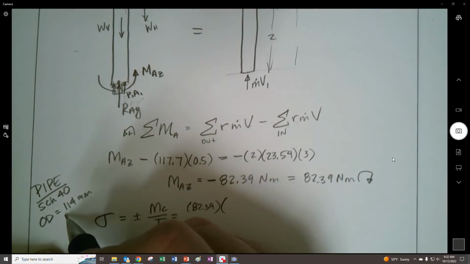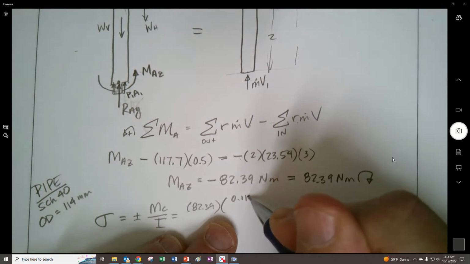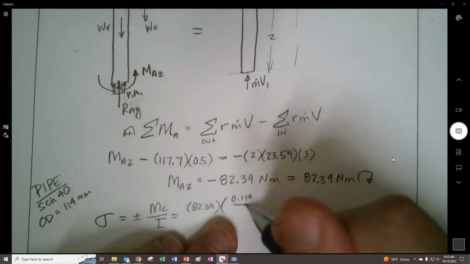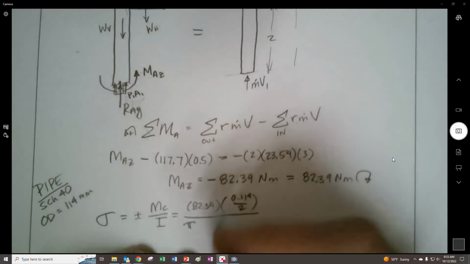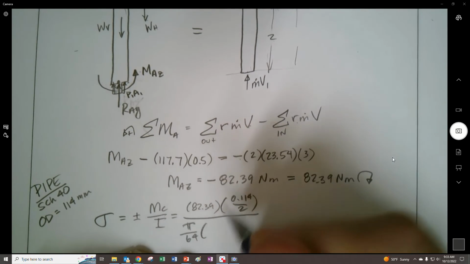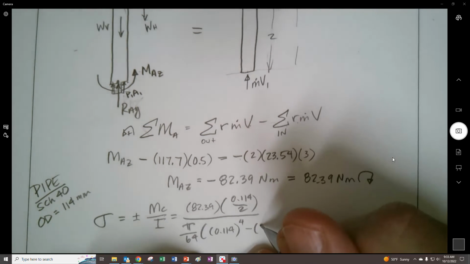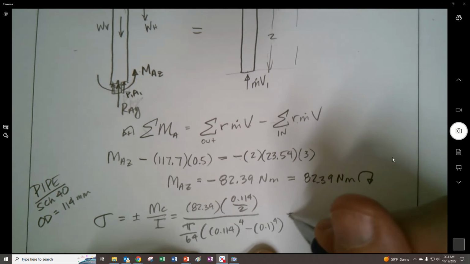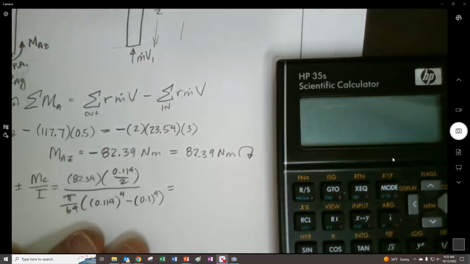So half the pipe. Let's just go to the outside diameter, which is going to be 0.114. I think I got that wrong actually on here. So 0.114 divided by 2, and then the moment of inertia, pi over 64 times 0.114 to the fourth, and then minus the inside diameter, which should be 0.1, or pretty close to it, to the fourth. I got the number wrong here on my sheet, so I have to calculate this live.